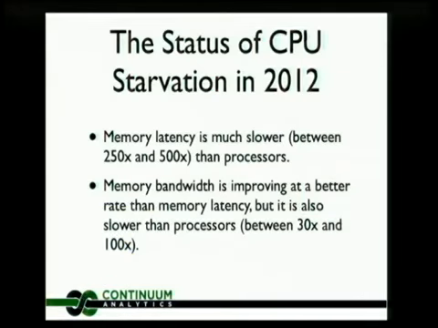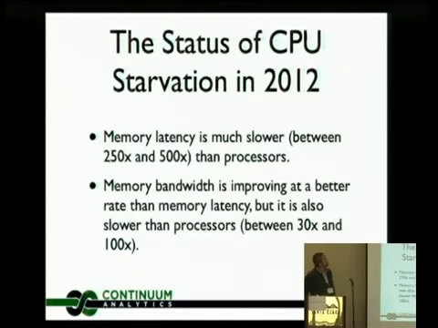So the status of the CPU starvation problem this year is that memory latency is much slower, as much as 250 times slower than processors. And memory bandwidth is improving at a better rate, but still it is slower than processors in a range between 30 times and 100 times. And this is a huge mismatch between CPU processor speed and memory speed.